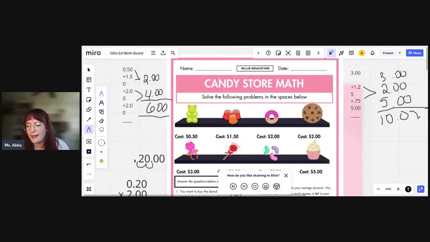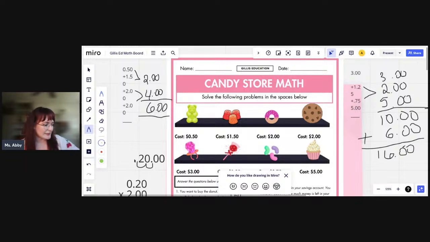And we're going to add that to our original $6 that we had from the first row. And so when you add 10 plus 6, that is going to be $16 even. So it comes out to 16 because when you add all of the rows together, the sum equals 16.